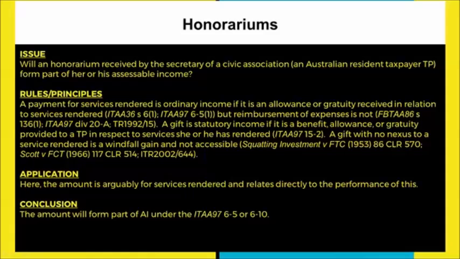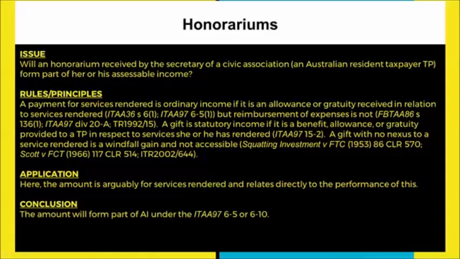Now, payment for service is just straightforward, ordinary income. Look, we've done some service, this payment is in relation to that, that's income. If, however, it's a reimbursement of expenses, then it might not be. Now note here that I've actually cited the Fringe Benefit Tax Act and Division 20-A of the 97 Act.